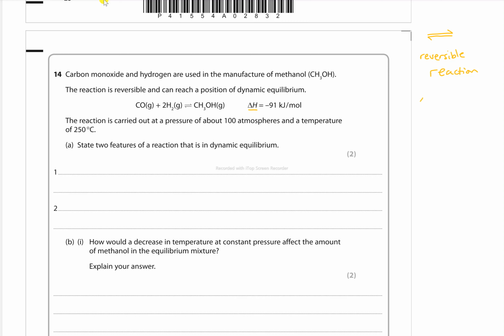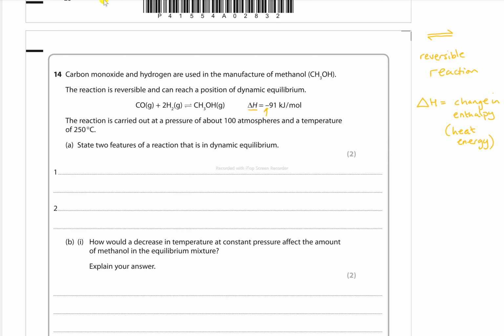What's this delta H? Delta H is change in enthalpy. What did we say enthalpy was? Another way of saying heat or energy. Right.